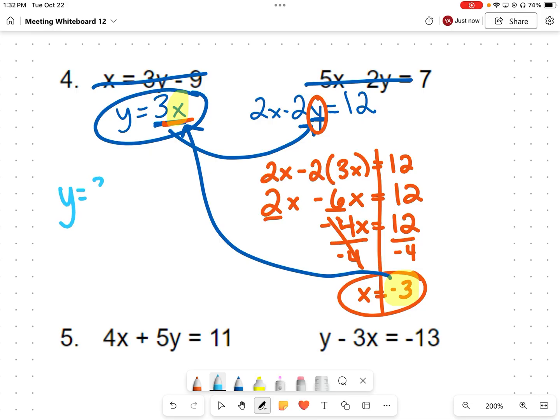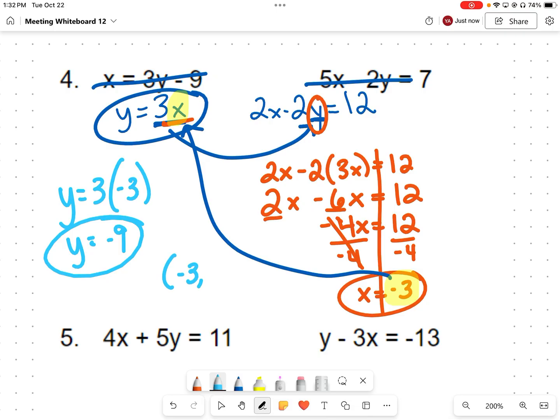So y equals 3, parentheses, negative 3. So I replaced x, or I substituted x in as negative 3. So what is 3 times negative 3? Negative 9. So we have our x comma y. X is negative 3. Y is negative 9.